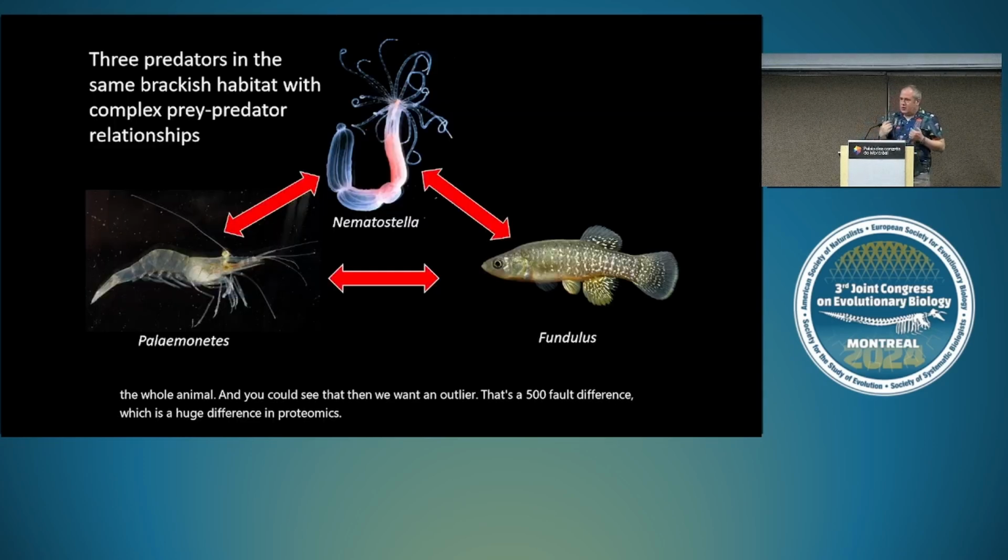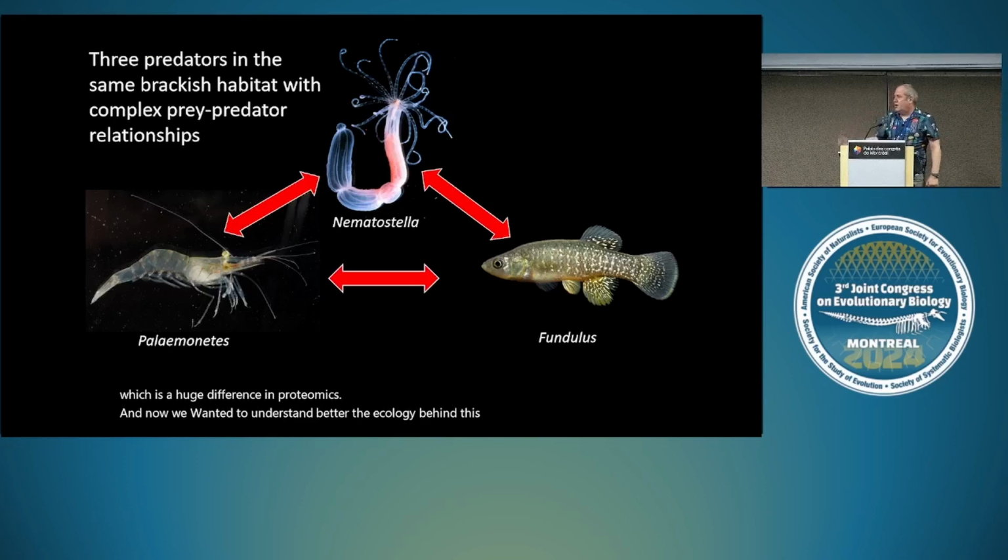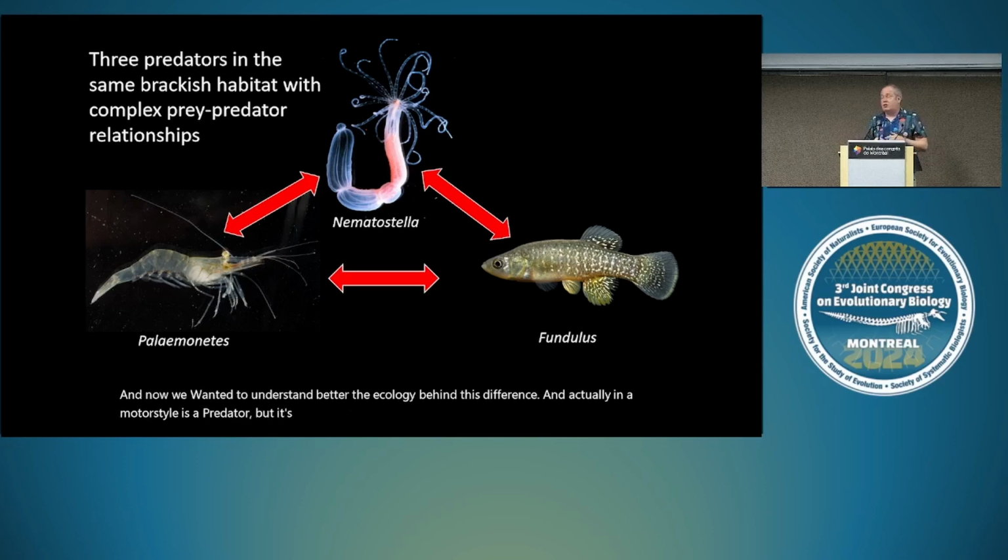Now we wanted to understand better the ecology behind this difference. Nematostella is a predator, but it's also being predated by other animals. These are the predator species found with Nematostella throughout its native range: the grass shrimp, Palaemonetes, and the mummichog fish, Fundulus.